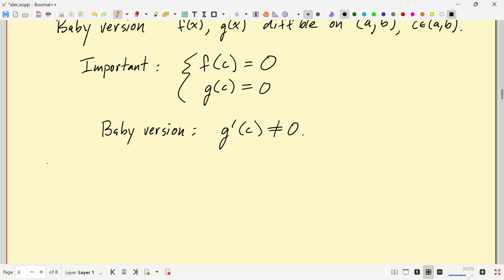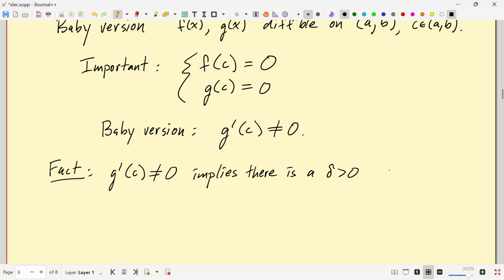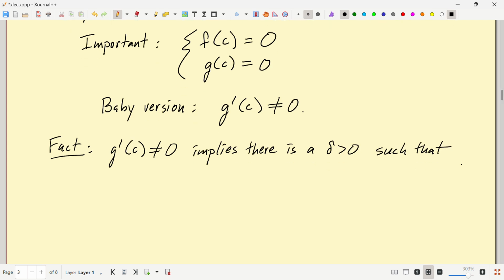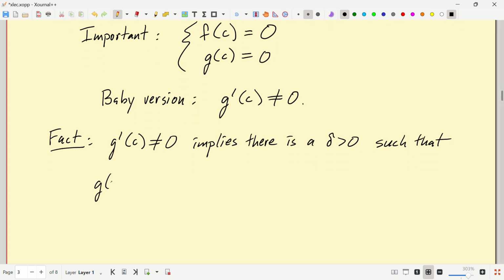So here's a fact: g prime of c unequal to 0 implies there is a delta such that g of x is unequal to 0 if x is in (c minus delta, c plus delta) and x is unequal to c.